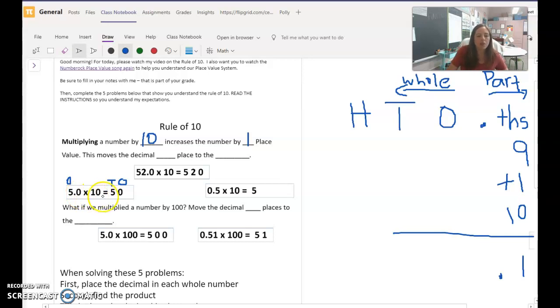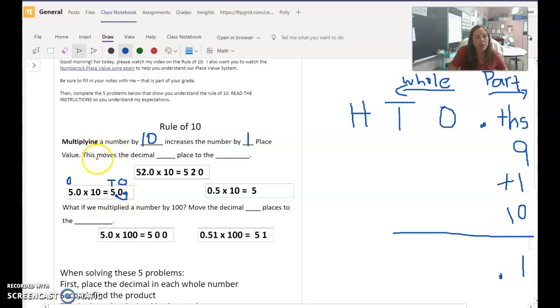But when I multiplied it by 10, well, what happened to it? It started here, right? This is where my decimal was. But the decimal in 50 is on this side, because it is right after the ones place value.